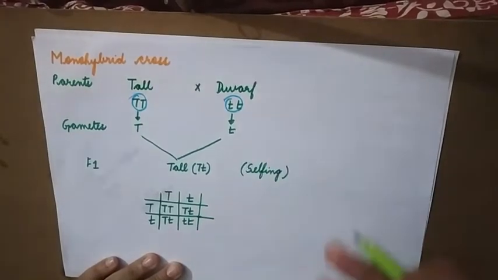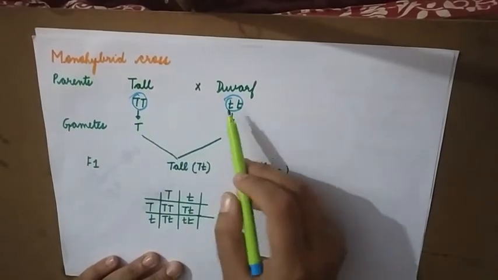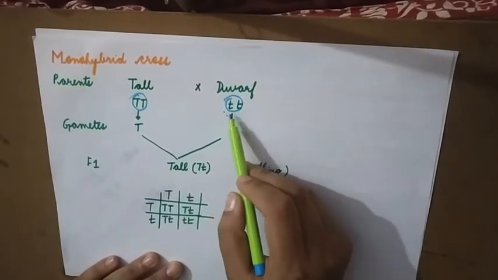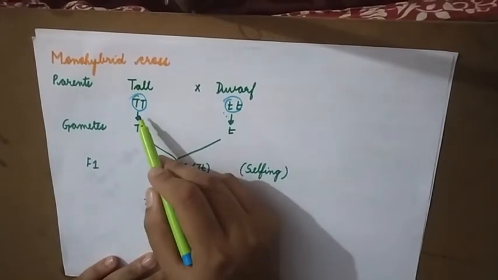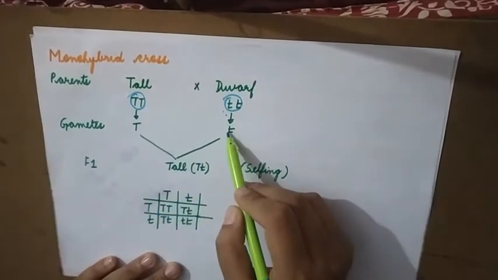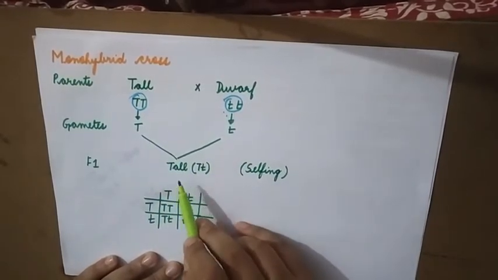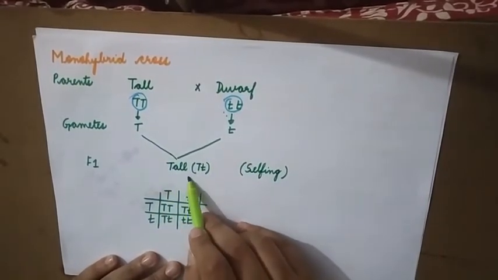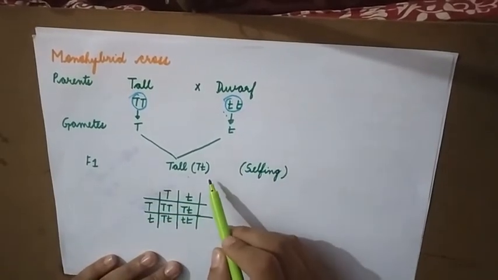So if you keep on selfing for several generations, we get the pure line, or the homozygous condition is achieved. Now this gives rise to the gametes. When the gametes fuse, it gives rise to the tall plant. So short plants are not seen in the first generation, tall plants are seen.